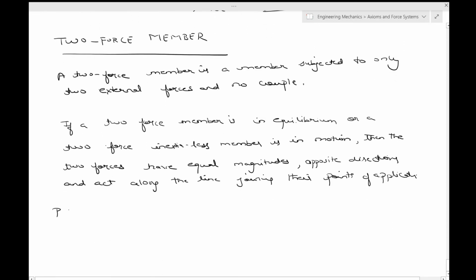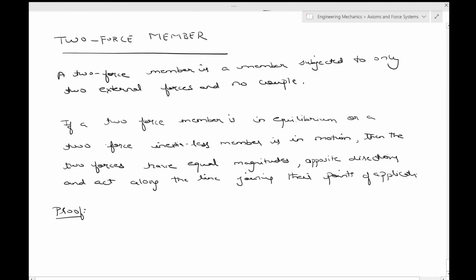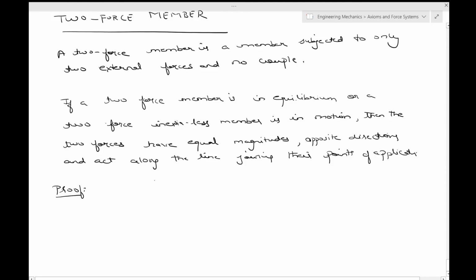Let's show that as a proof. So if you have, say, let me draw this over here. If it is light or in equilibrium and you have this F2, F1. This is the line joining.